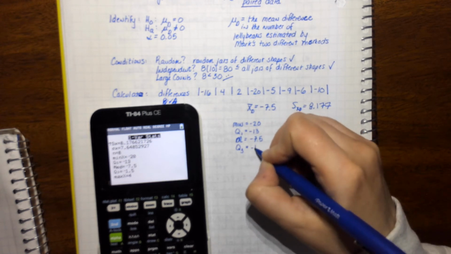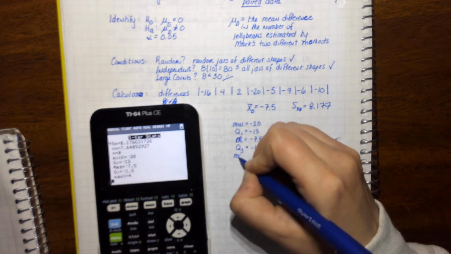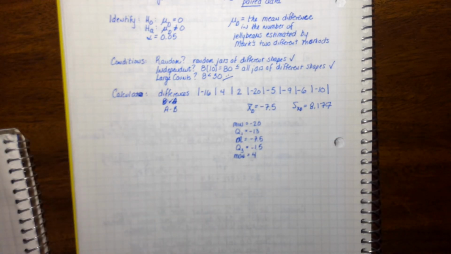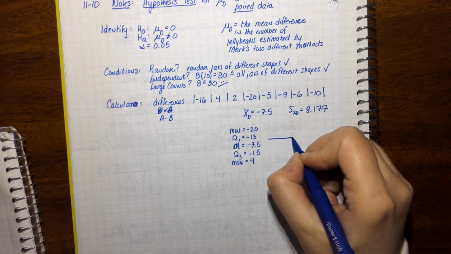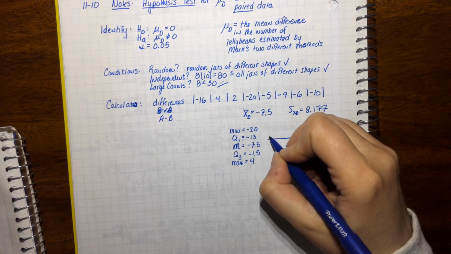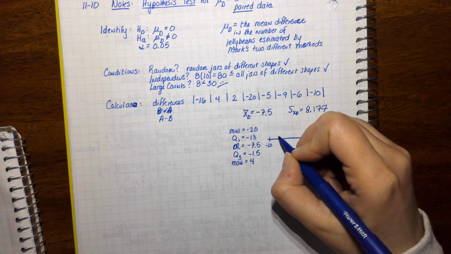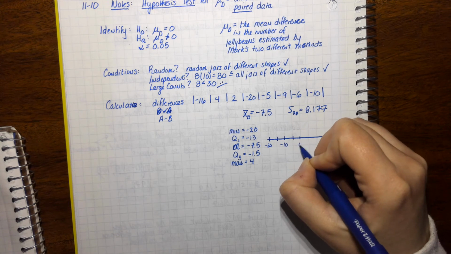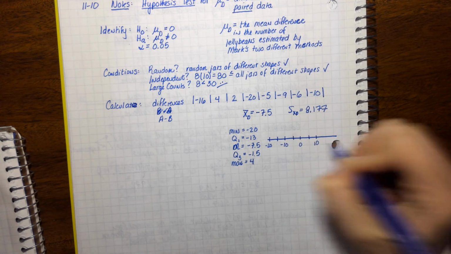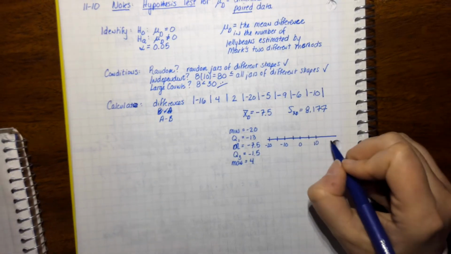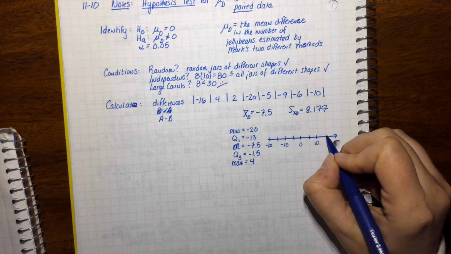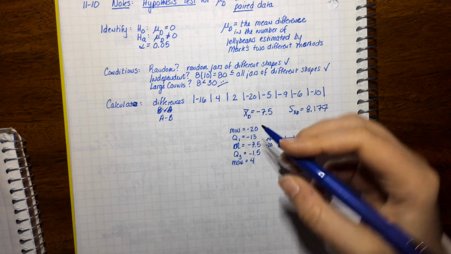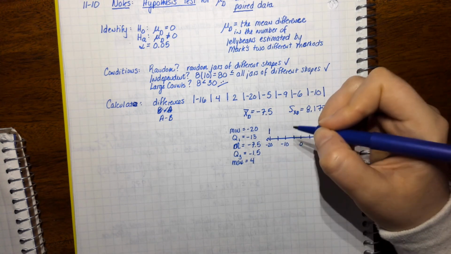Make my graph. Alright, so I have a minimum of negative 20.